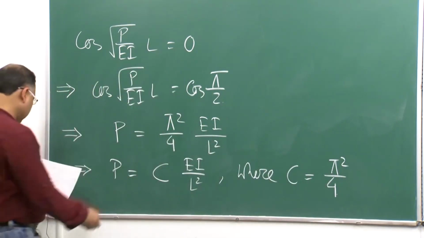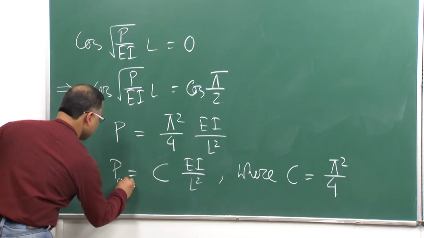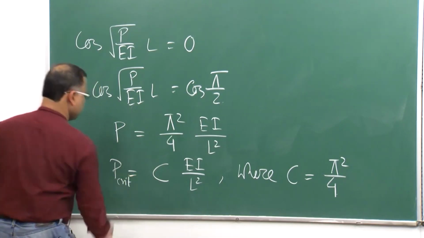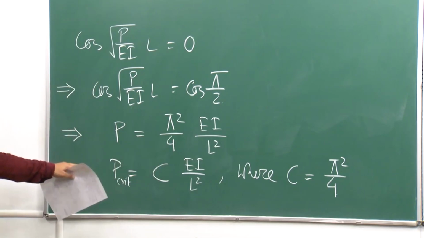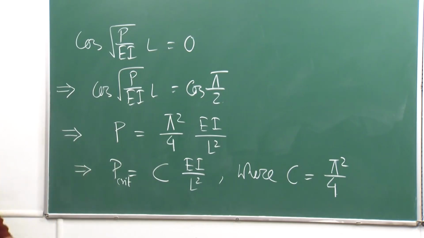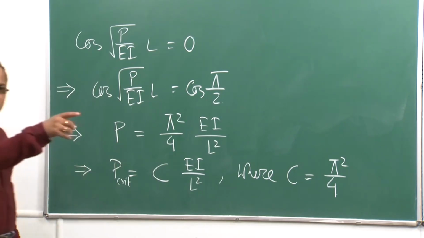Now, this is your P critical. This is the lowest possible load for which the instability occurs for that kind of boundary condition.